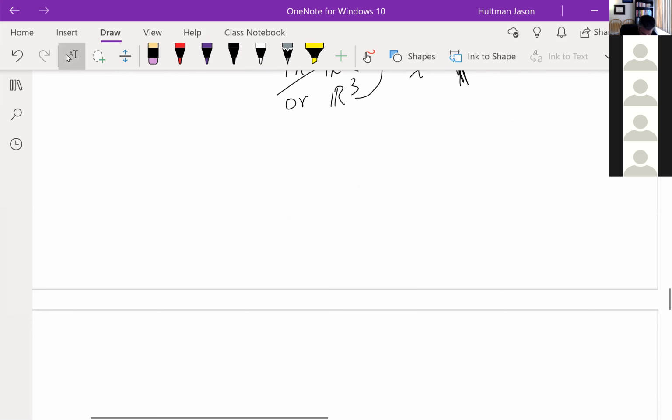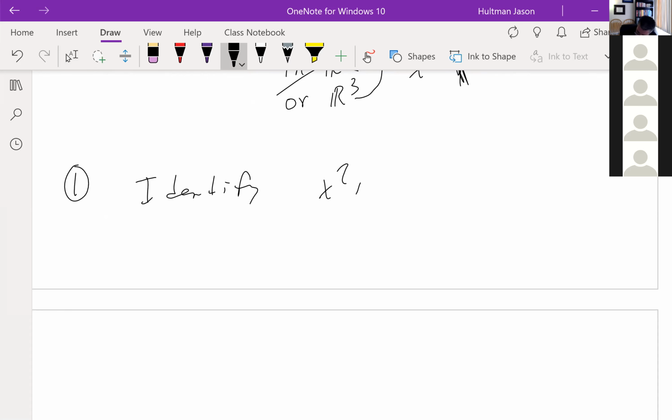Okay. So let's look at this guy here. Identify x squared plus y squared equals 1. What is that? What is it? A circle? No, it's a cylinder. I'm just kidding. It's a cylinder. Why is it a cylinder? Because we're dealing in R3.